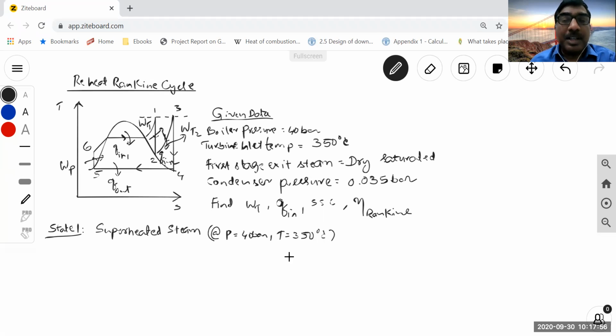So we have to get the values of enthalpy and entropy at this particular state. For this we need to use a superheated steam table. So I have already collected some data here.